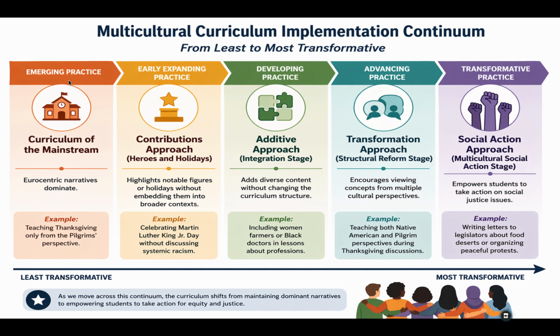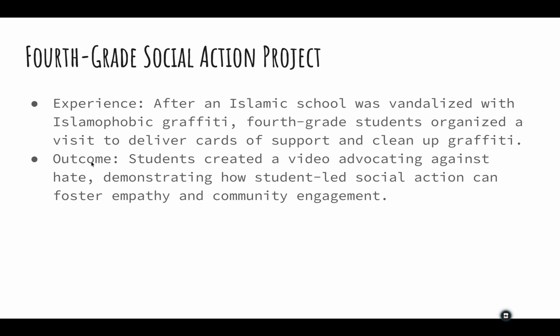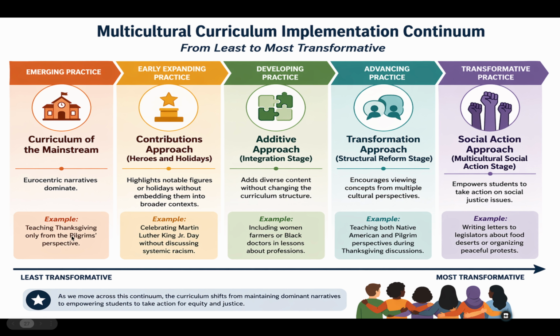So here you have from least transformative to the most transformative practice of multicultural curriculum. It's a continuum. So there's just the mainstream, right, which would be teaching Thanksgiving from the Pilgrims' perspective. Then you have just the contributions approach, right? So heroes and holidays.